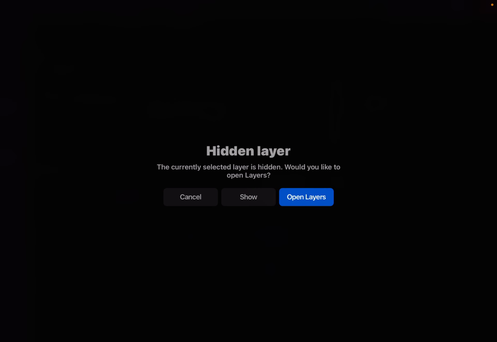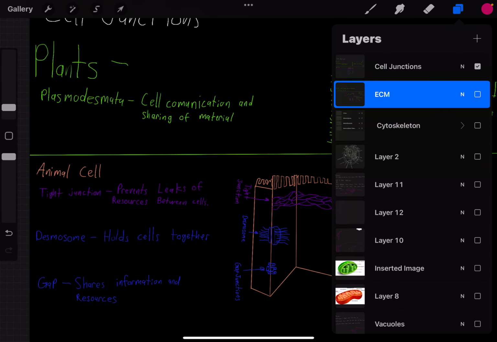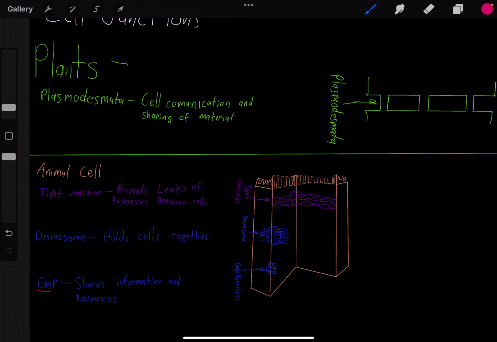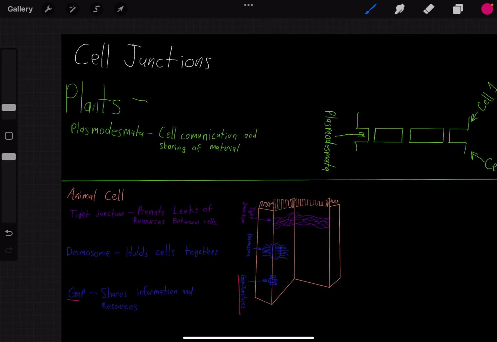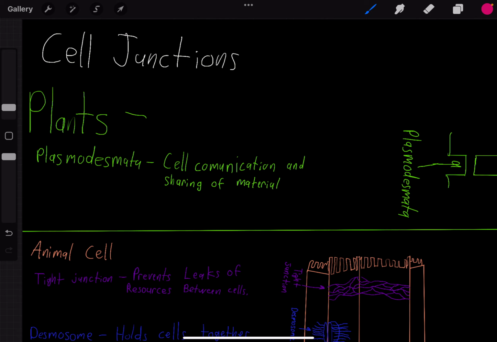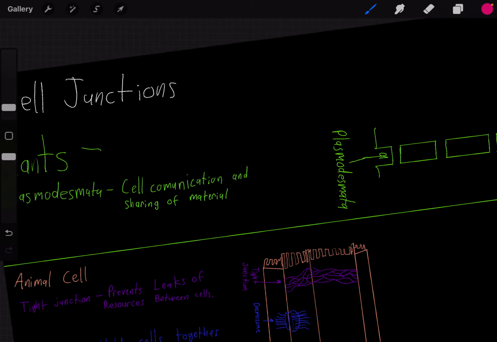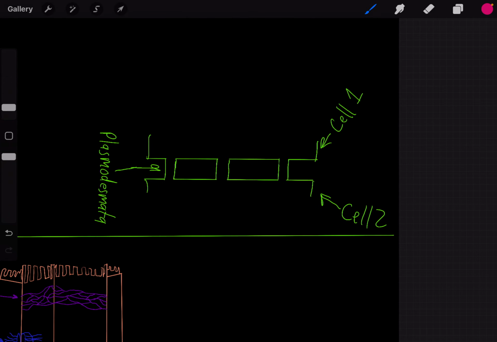But for plants specifically, it's called plasmodesmata, and it's basically cell communication and sharing of material. Right here we can see we have two cells, and we have plasmodesmata where if cell 1 needs something, cell 2 can give it to them. Or if they just need info, like, hey, what are you doing? They can just share info.